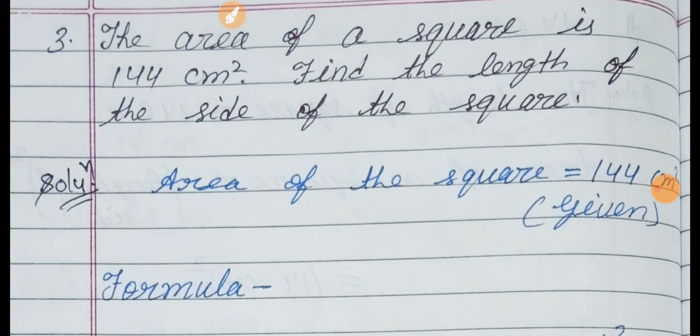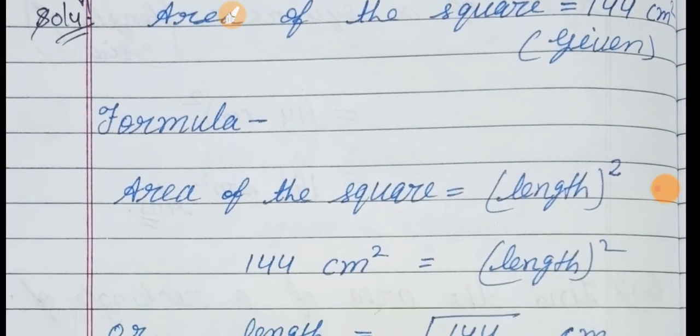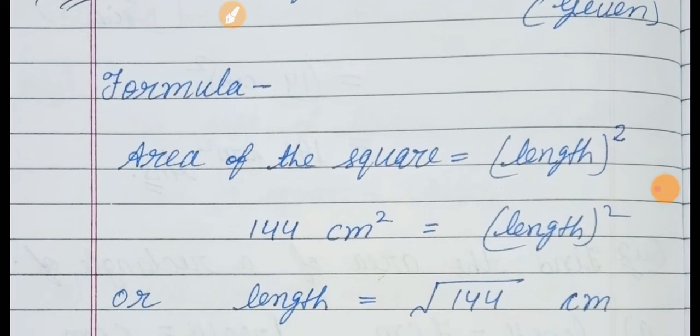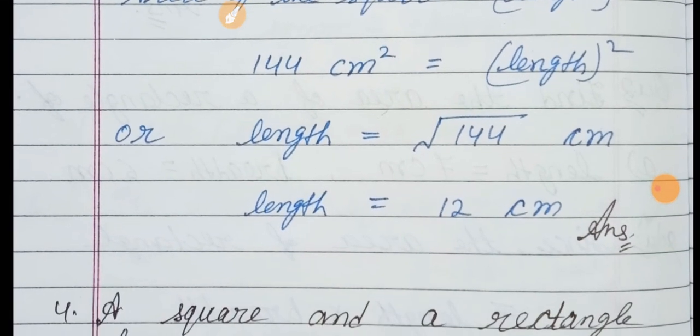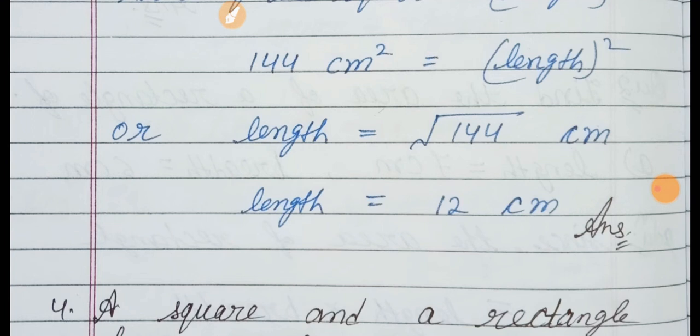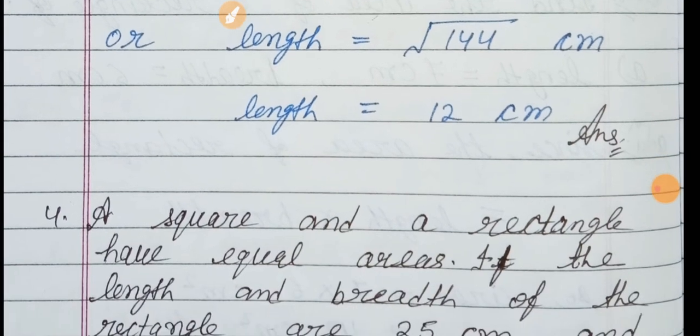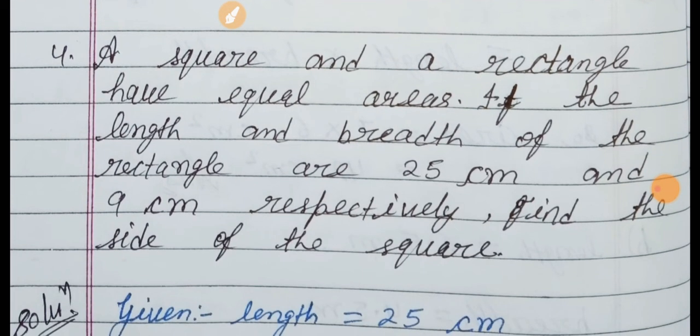So what is the formula, my dear? The formula is area of the square is equal to length square. So area of the square is given as 144 centimeter square, so it is equal to length square. So length is equal to square root of 144 centimeter, and you will get 12 centimeter. This is the answer of question number 4.